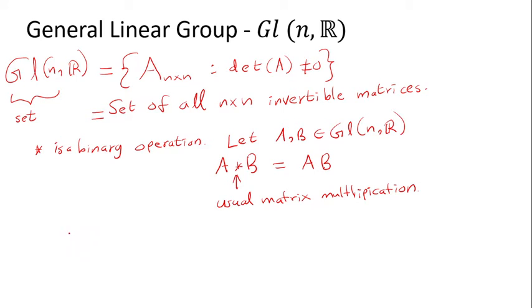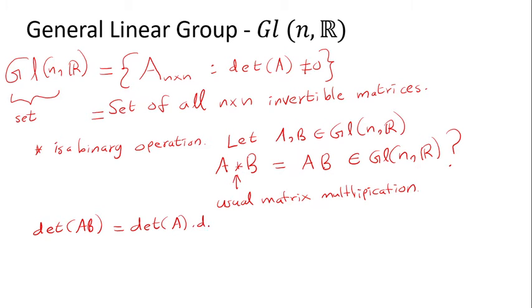If this is a binary operation, this should also belong to GL_n(R). We need to find out whether this is correct or not. So what can you tell about det(AB)? That is equal to det A times det B. And we already know that A and B belong to GL_n(R).